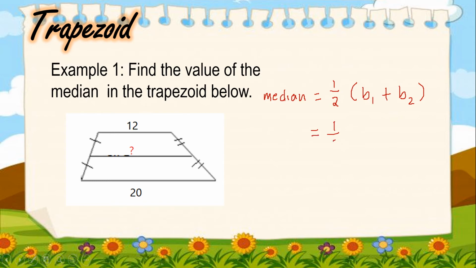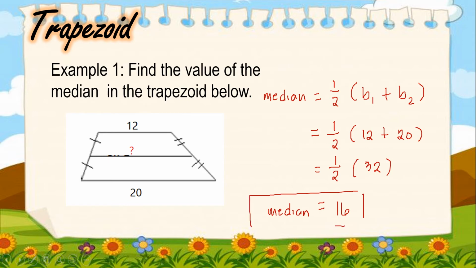Therefore, the median is 1/2 the sum of 12 and 20. So we have 1/2 times 32. And 1/2 of 32 is equal to 16. Therefore, the length of the median of the given trapezoid is 16.